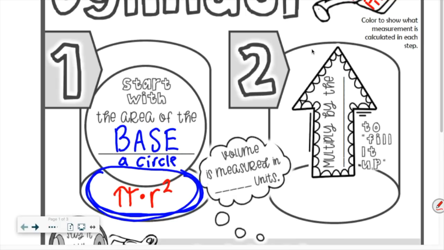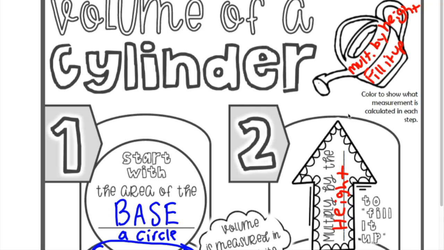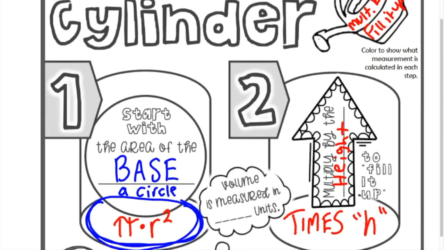You're multiplying the base and then going all the way up, multiplying it by the height. So again, you're taking the base and then you're timesing it by the height. And we'll go ahead and write that. And so height will be written just as h to fill up that cylinder.